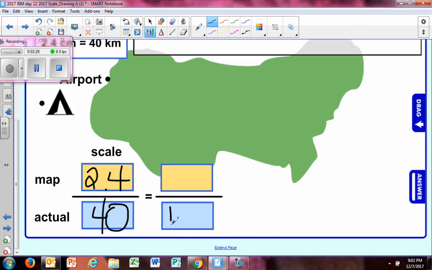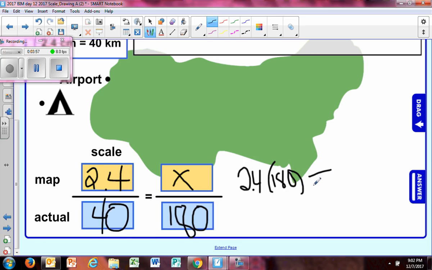So right here I'm going to put down 180. And what I don't know is how far I am going to draw it on my map. So I use cross products to solve here. I write out my equation, and it's going to be 2.4 times 180 equals 40x.